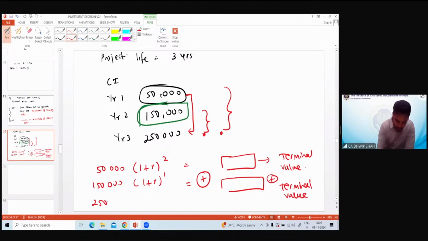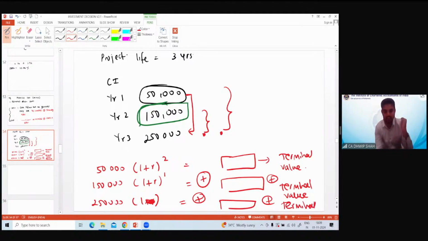And 250 is already at the terminal value. So can I say at the end of year 3, the company would be having one pool of cash inflow called terminal value cash inflow. That is called terminal value of cash inflow.